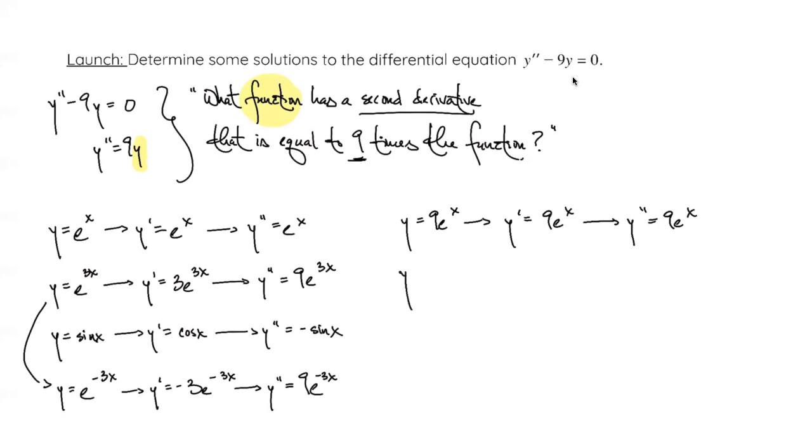But what I like about what you said is, what if we just put a number in the front? Like, my favorite number is 5. What if I had 5 e to the 3x? Would that still give me a second derivative that is 9 times my original?